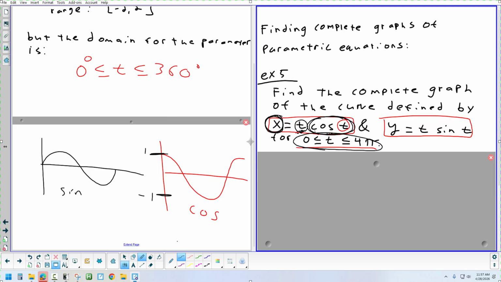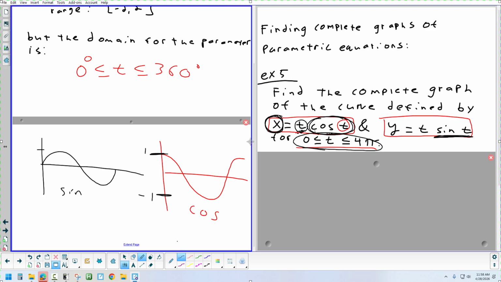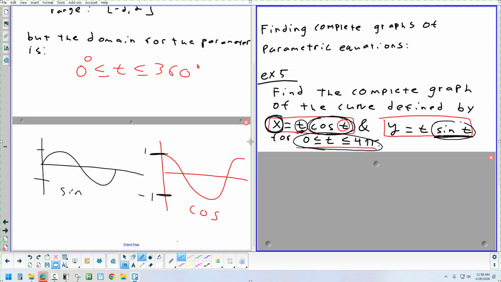Now, same idea for sine. What's the highest that sine could ever go? 1. What's the lowest? -1. So if you took the biggest value you could have here times the biggest value you could have here, what would you get? 4 pi.